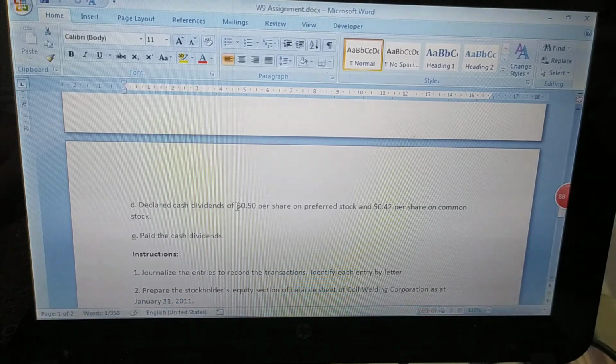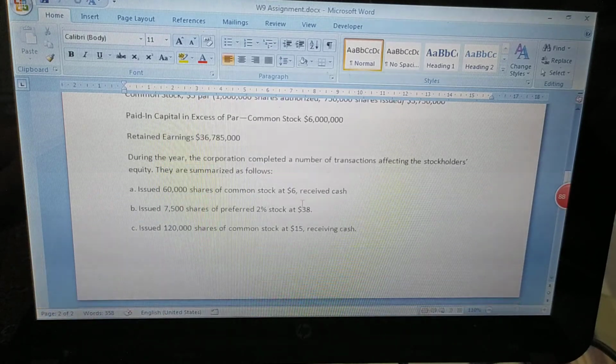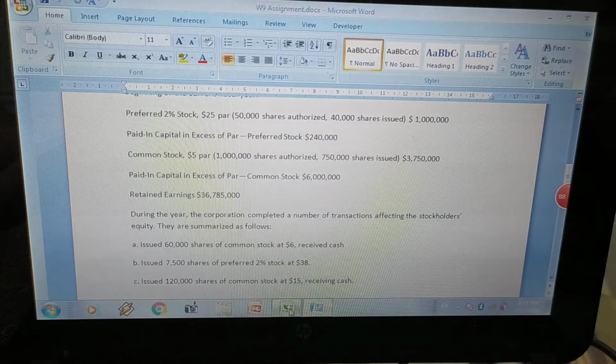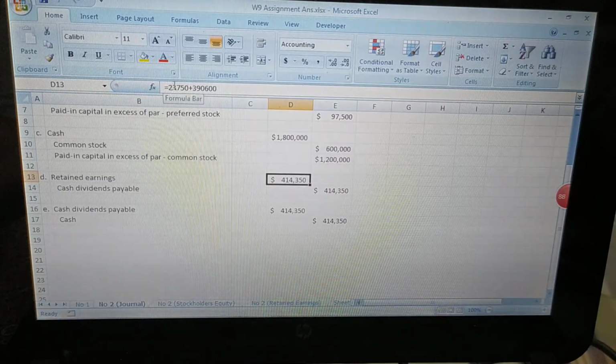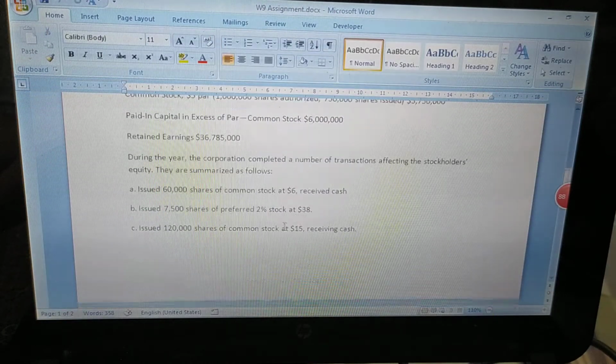Remember, it is $0.50 per share for the preferred stock. So 0.5 times 47,500 shares, we get 23,750 for preferred stock.